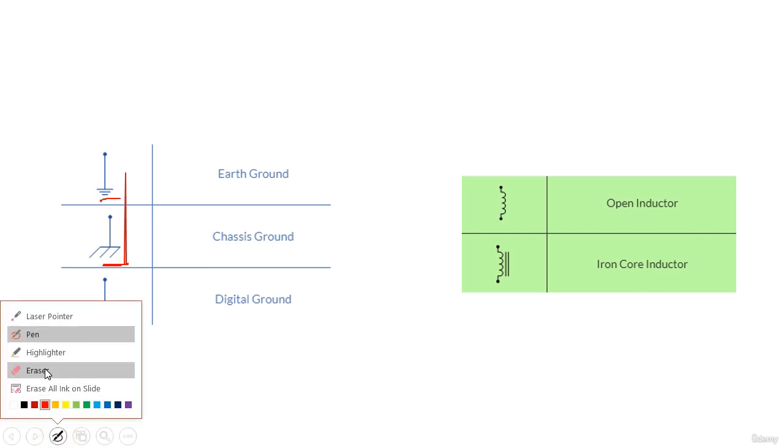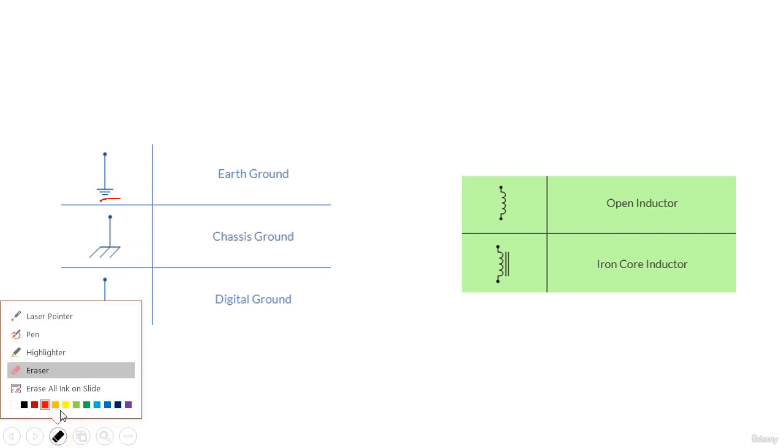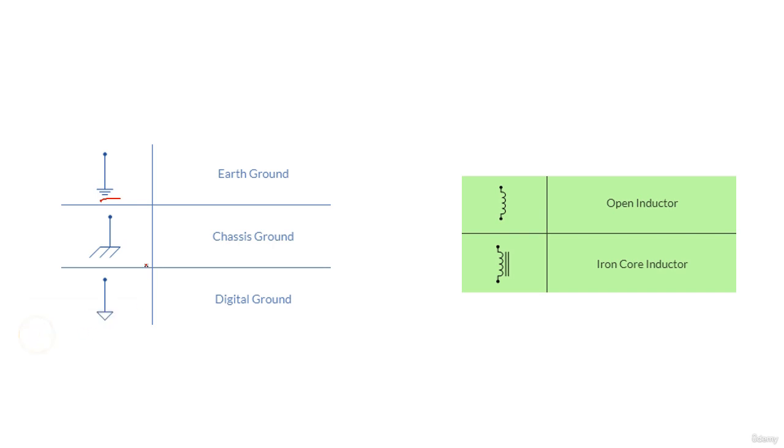So let's erase this. Okay, so this is the chassis ground and this is the digital ground. Okay, so there are three types of ground: earth ground, chassis ground, and digital ground.